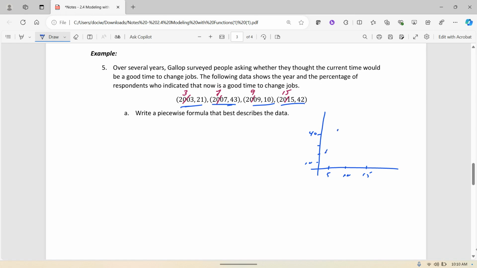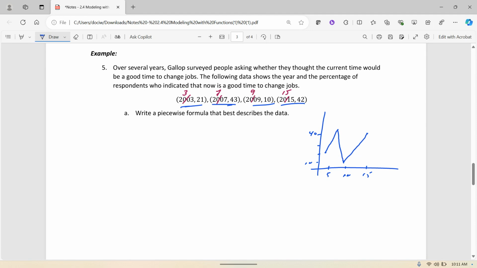So we can see the increase like this from 2003 to 2007. However, (9, 10) is way back down here, so that percentage dropped. And at 2015, we're back up to 42%, so that's about here. And so this went back up.